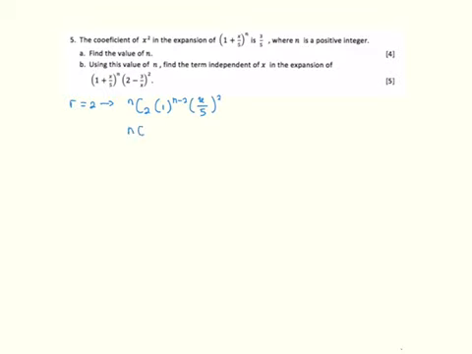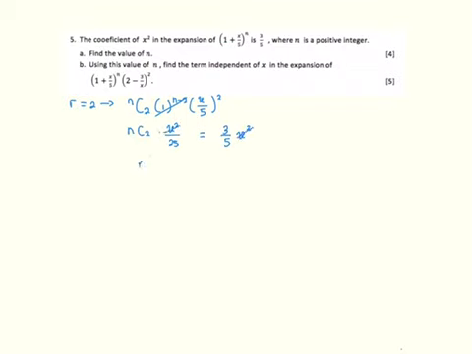And nC2, the number from here is 1, times x squared over 25. Okay, and this term is equal to 3/5 x squared. So now focus on the coefficient only. I can ignore the x squared.